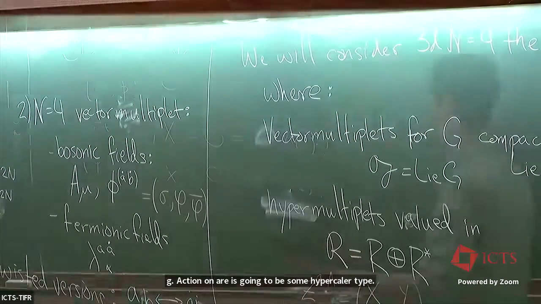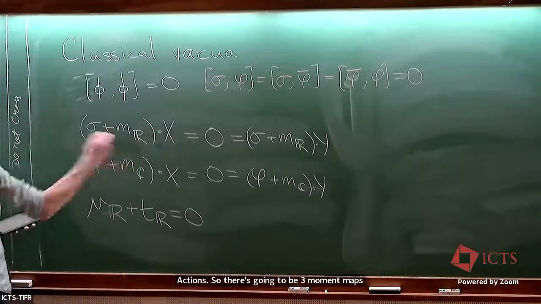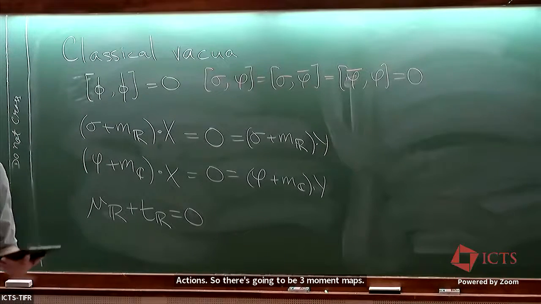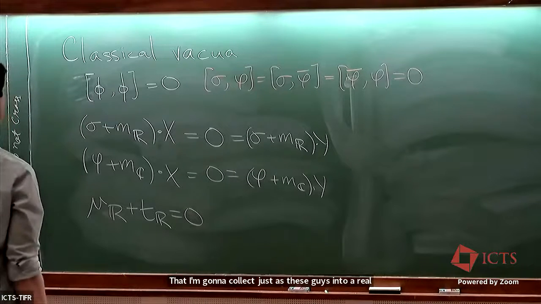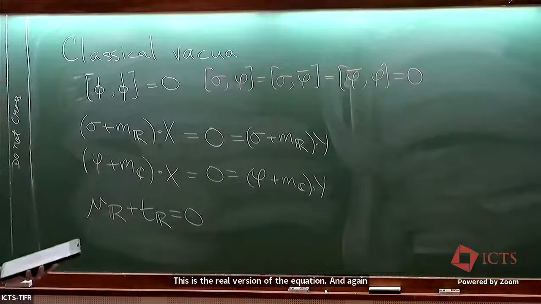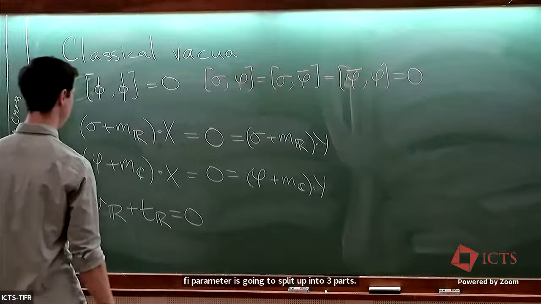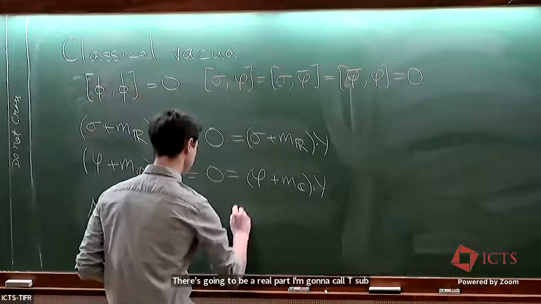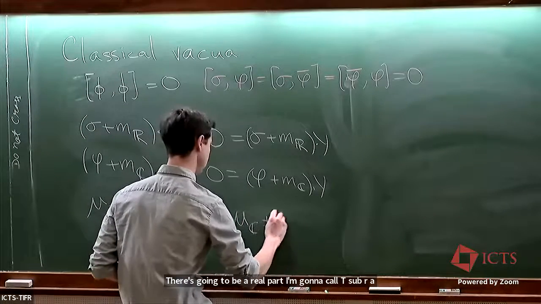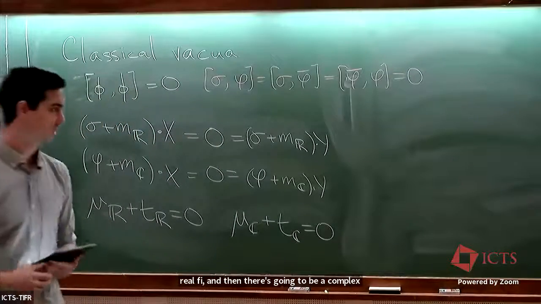So there's going to be 3 moment maps that I'm going to collect just as these guys into a real component and a complex component. This is the real version of the equation. And again, the FI parameter is going to split up into 3 parts. There's going to be a real part I'm going to call T sub r, a real FI. And then there's going to be a complex analog, u plus T_c equals 0.